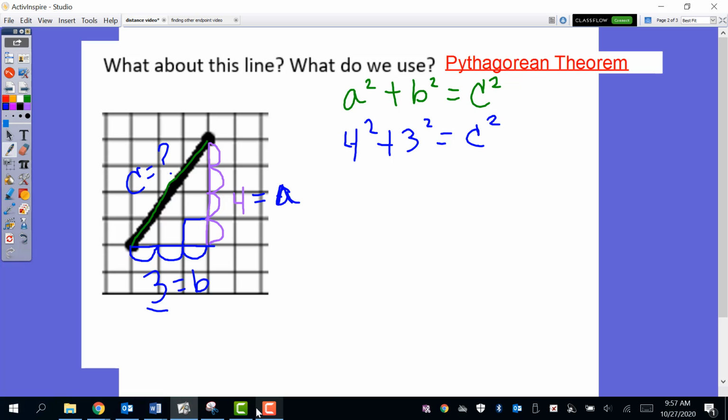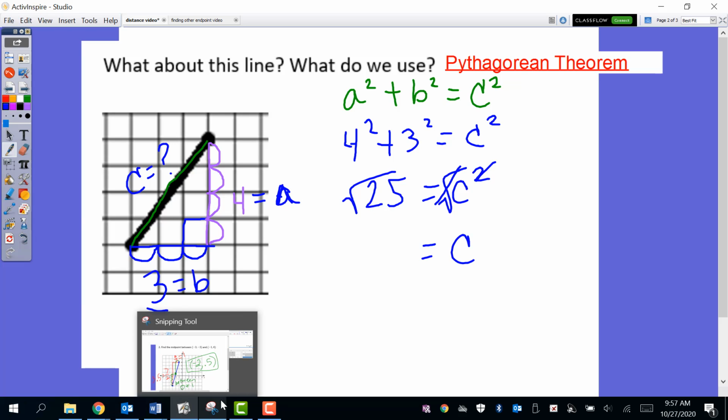So our answer will be 25 equals c squared. Now we have to square root both sides in order to get c by itself.